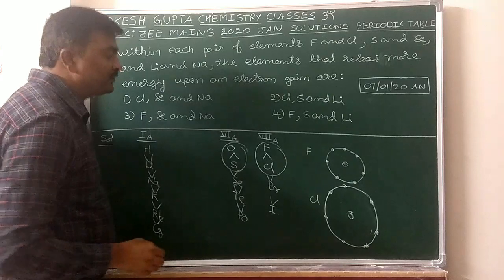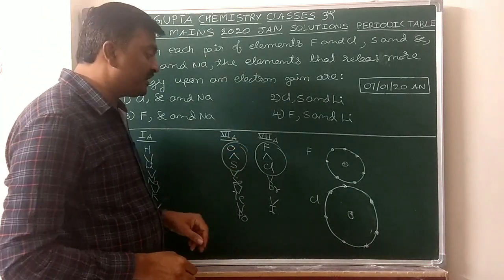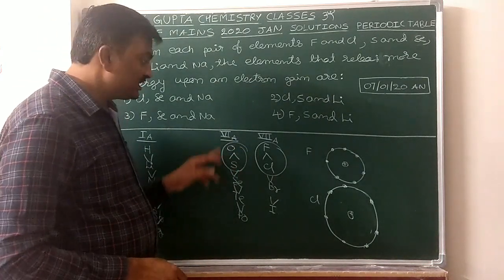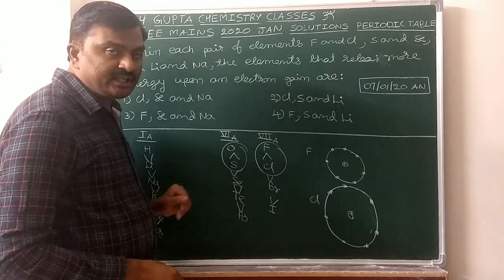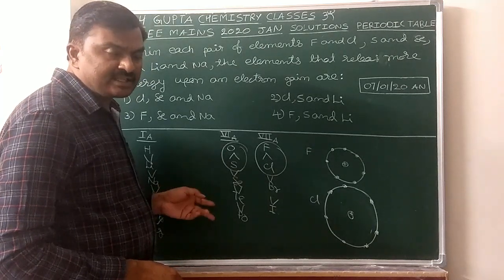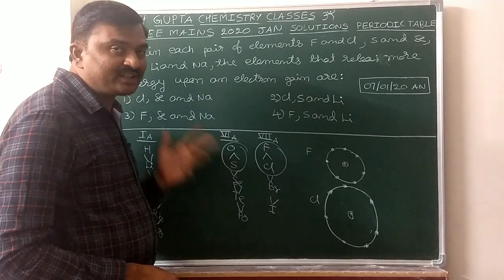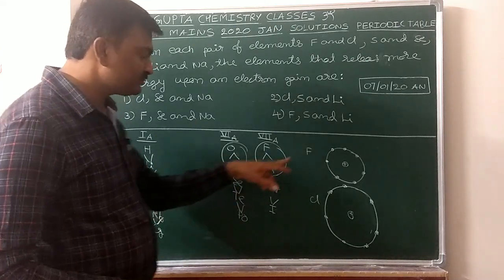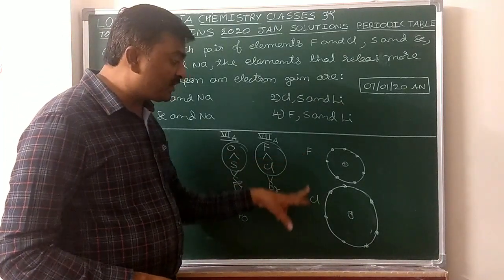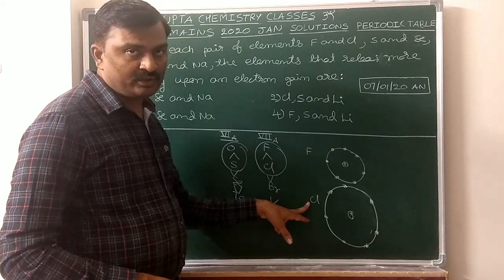In the 7A group, the electron affinity of fluorine is less than that of chlorine. In the 6A group, the electron affinity of oxygen is less than that of sulfur. Why? What is the reason? See, fluorine is smaller in size than chlorine.